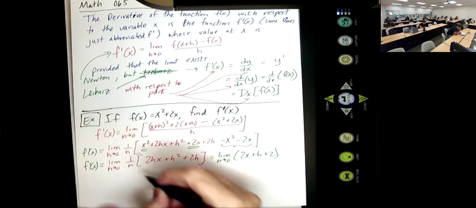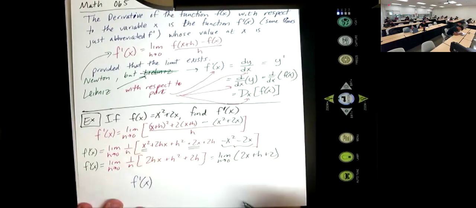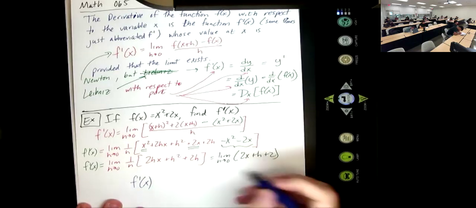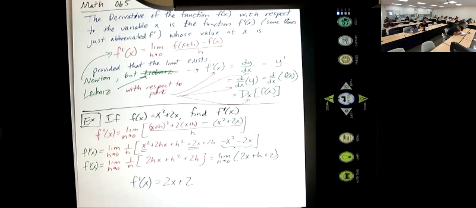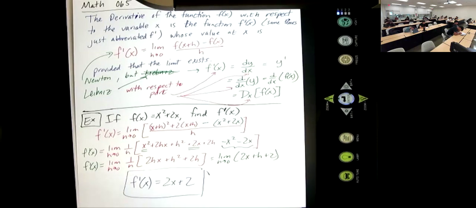And we get down to our final answer; we can evaluate at h equals 0, we can plug it in now. And we get 2x plus 2. That is the derivative function of f of x.